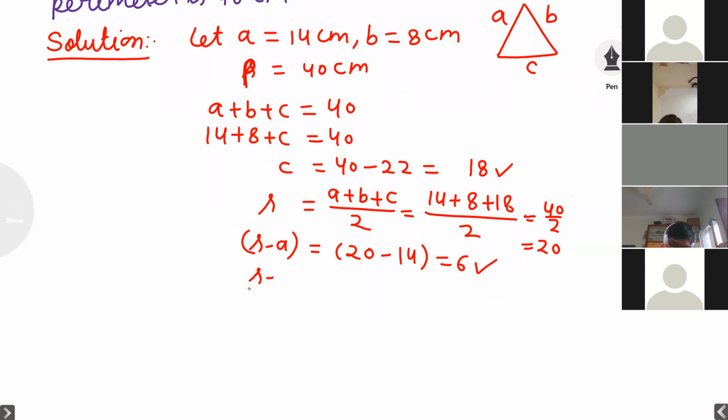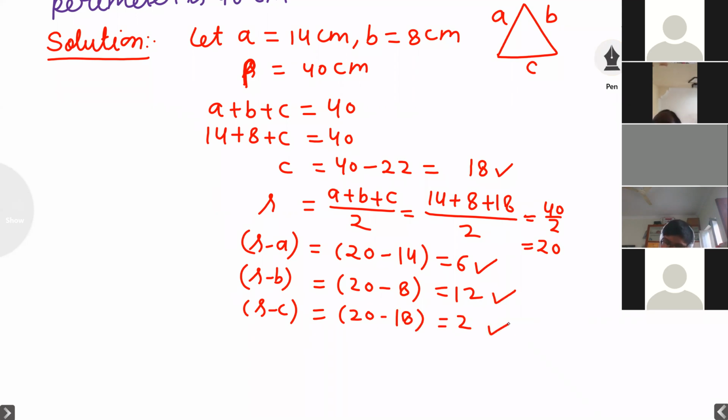S minus B: 20 minus B value is 8, so 12. S minus C: 20 minus the value of C is 18, so 2. We got each and every term.